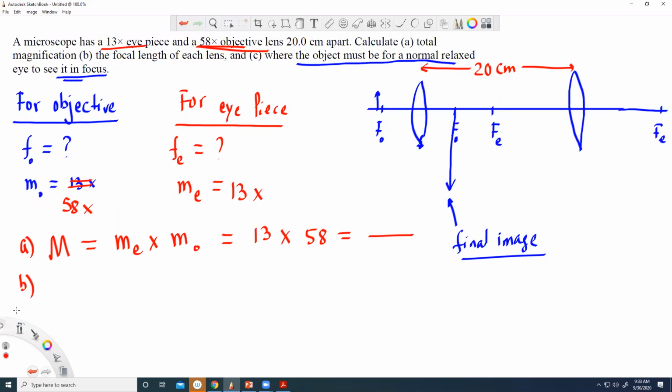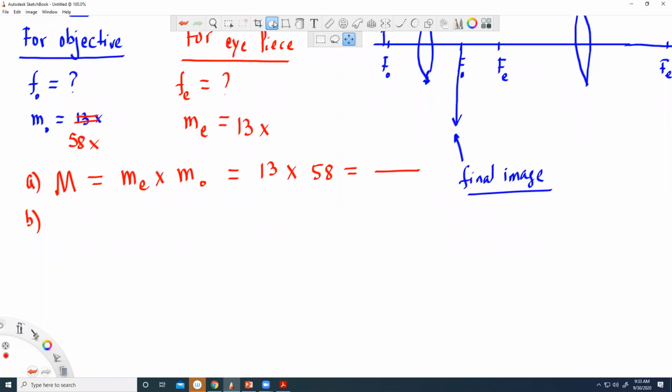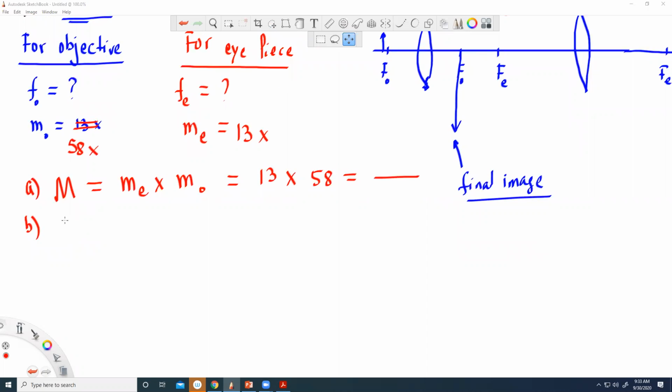What's the focal length of each lens? That's pretty straightforward if you know the formula. So we know for objective, the magnification is defined as... the objective acts as a magnifying glass, okay?